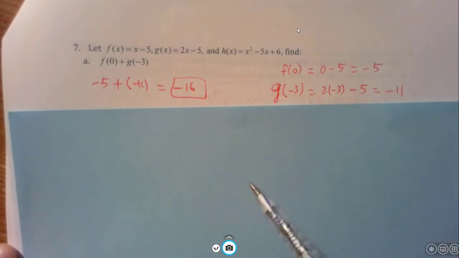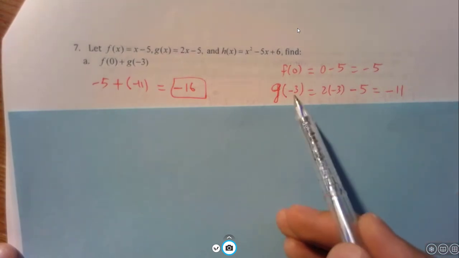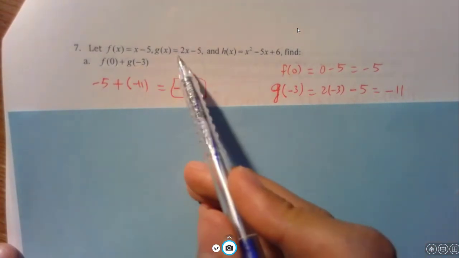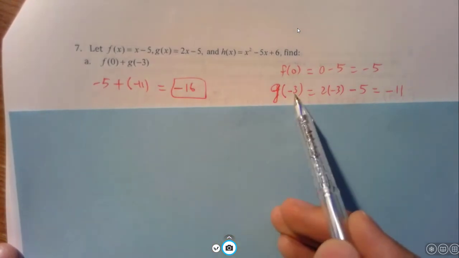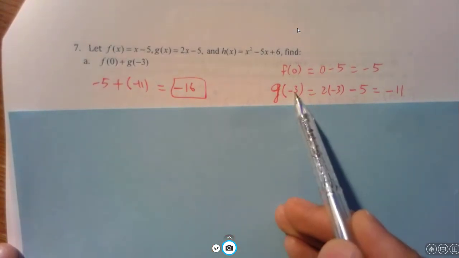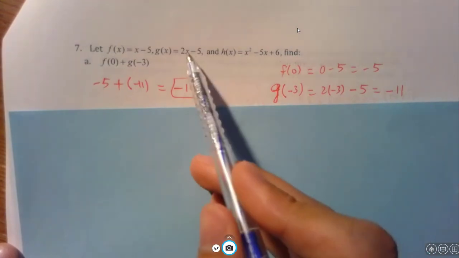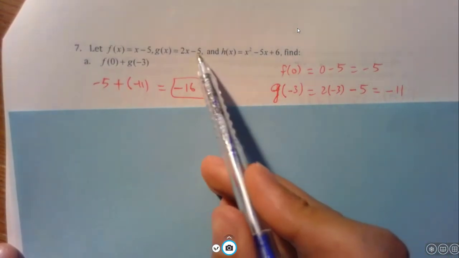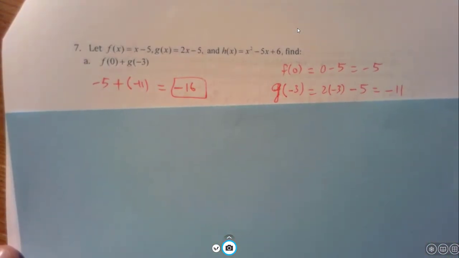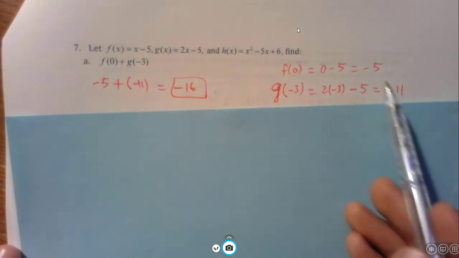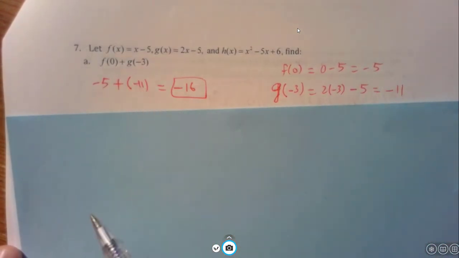So minus 5. And then g of minus 3, anywhere you see x becomes minus 3 in the function. So minus 3 to the x, and then minus 5 here, minus 11. Now you just take the two values and add them together, and you get minus 16.